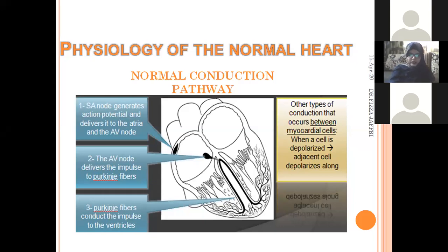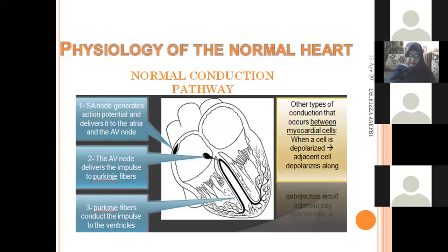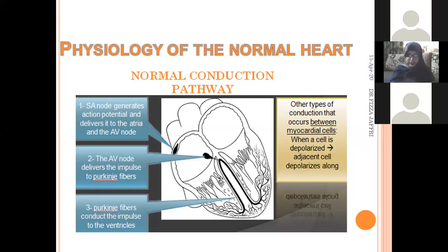The AV node delivers the impulses to the Purkinje fibers, and from the Purkinje fibers it goes to the ventricles. Besides that, another action potential transmission occurs between the myocardial cells, through the gap junctions.